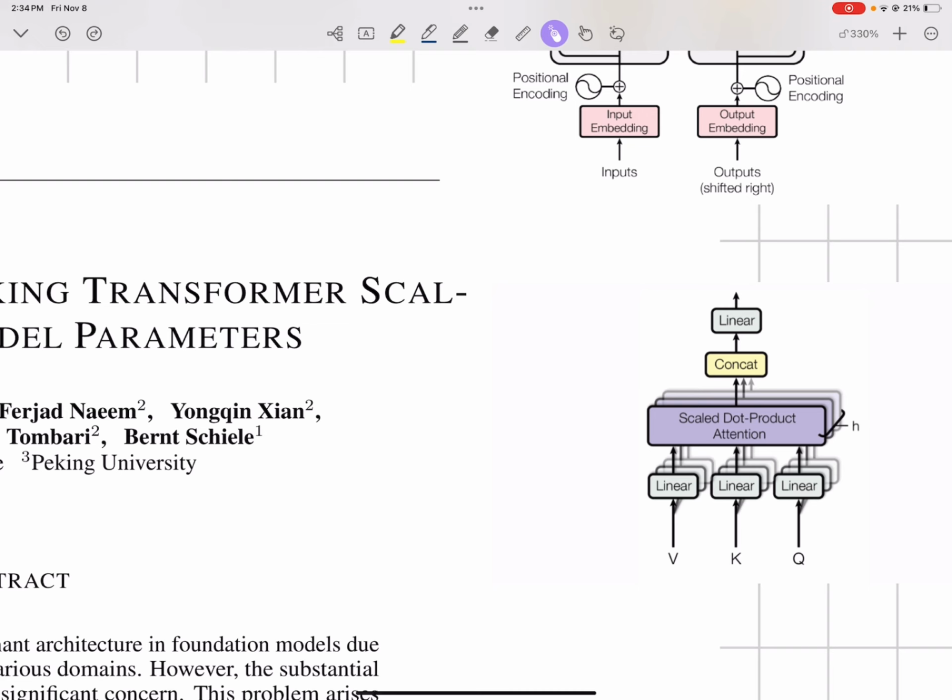It gets fed the same inputs. So in this case, it's not really the Q, K, and V. It's just your regular token. But out come the query, the key and the value.